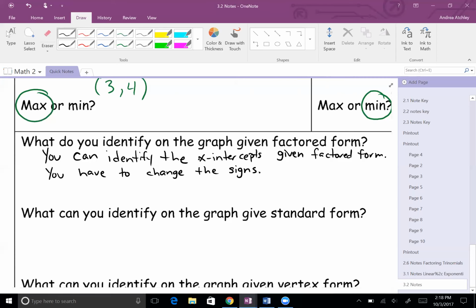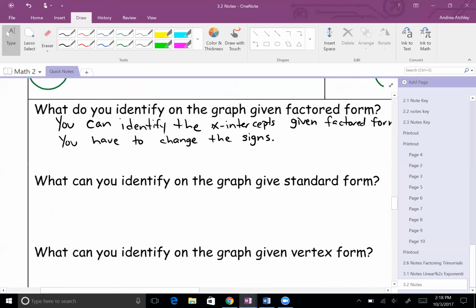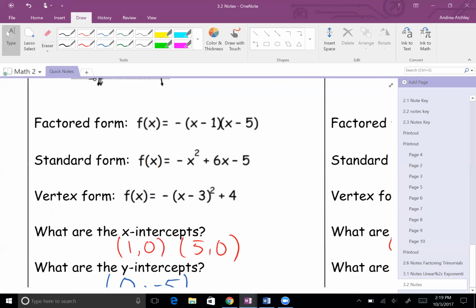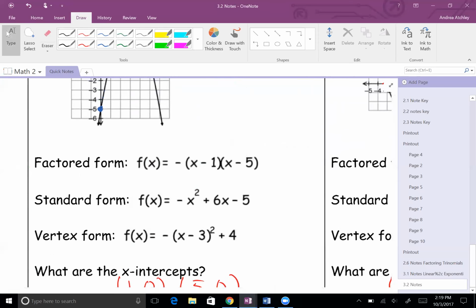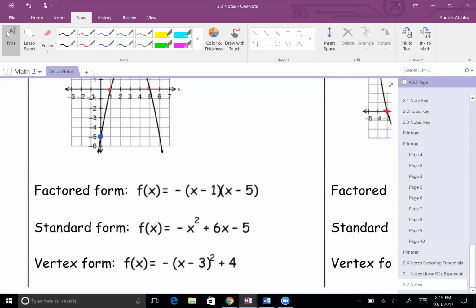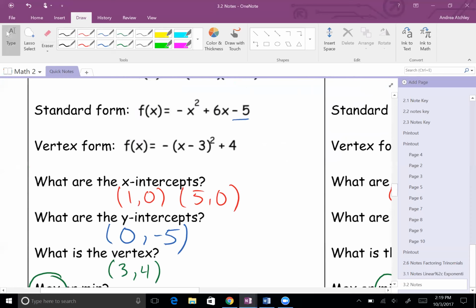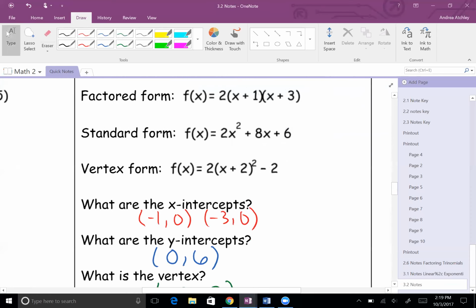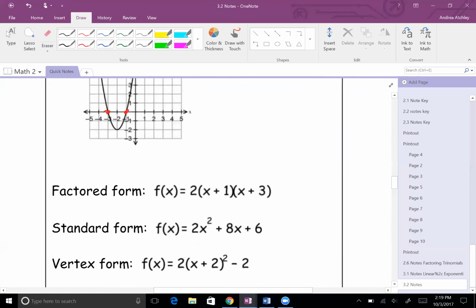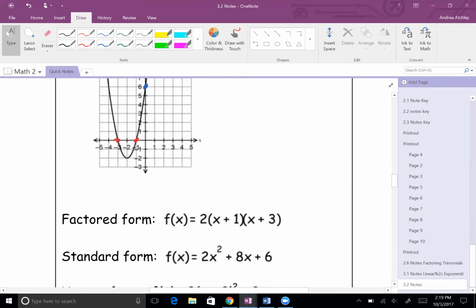Okay, how about anything else? How about standard form? Was there anything we could identify in standard form? Y-intercept. And how did you find the y-intercept? Okay. So here, my standard form, I have -5. And then my y-intercept was -5. Here, my y-intercept was at 6.